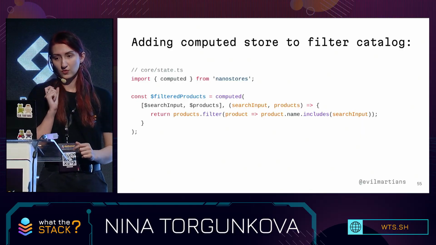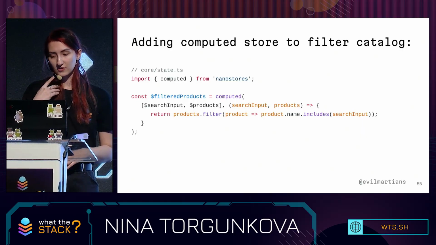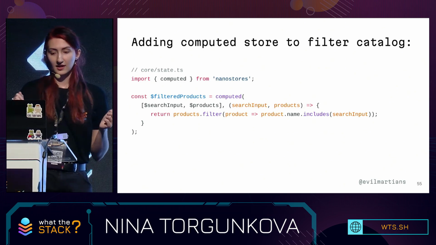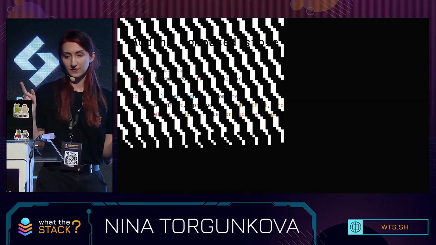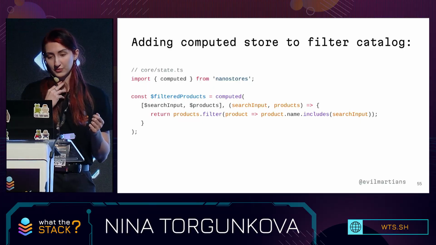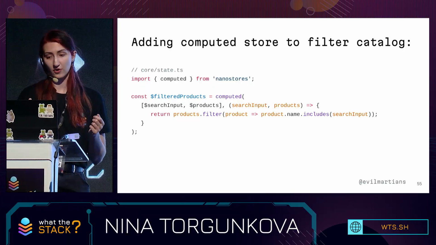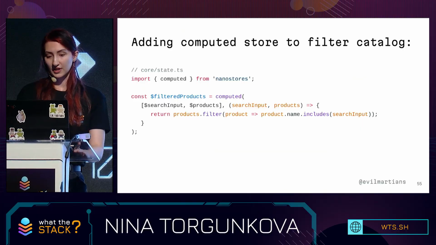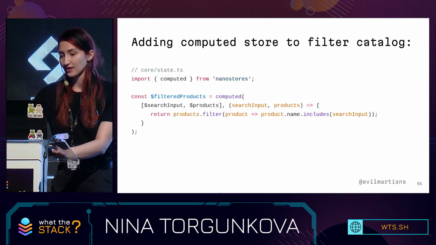Now we want to filter our catalog based on the value inside this atom store. And here we need a new function called computed. We need to import it from the Nano Stores library. We invoke it, and it accepts two parameters.